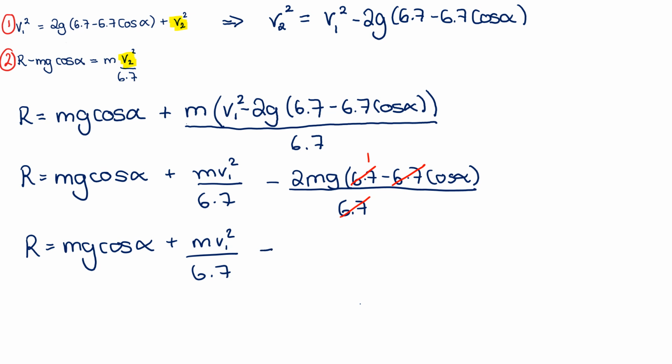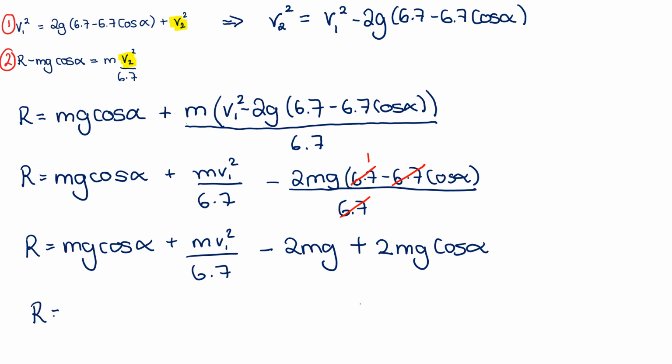And this multiplies out to give me 2mg times 1, which is 2mg, and then minus by a minus plus 2mg cos alpha. You can multiply out those 6.7s and then divide in that 6.7 from the denominator, whatever way works best for you.